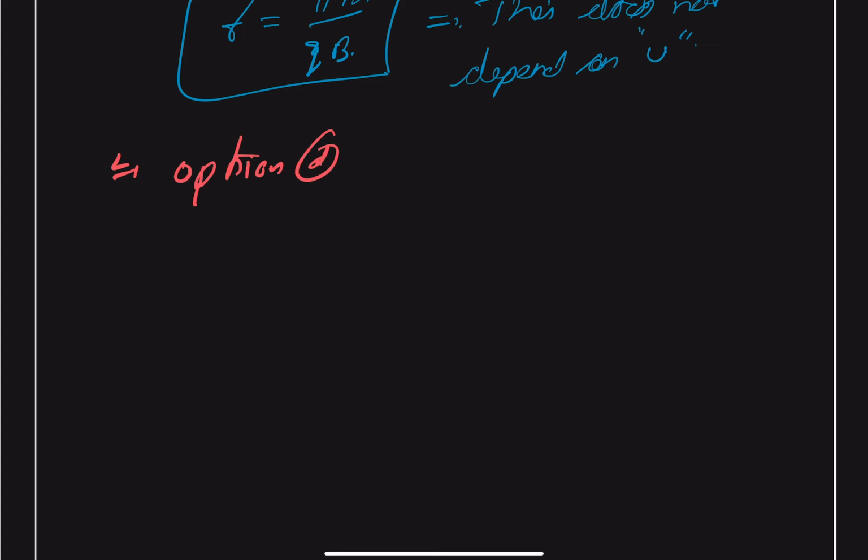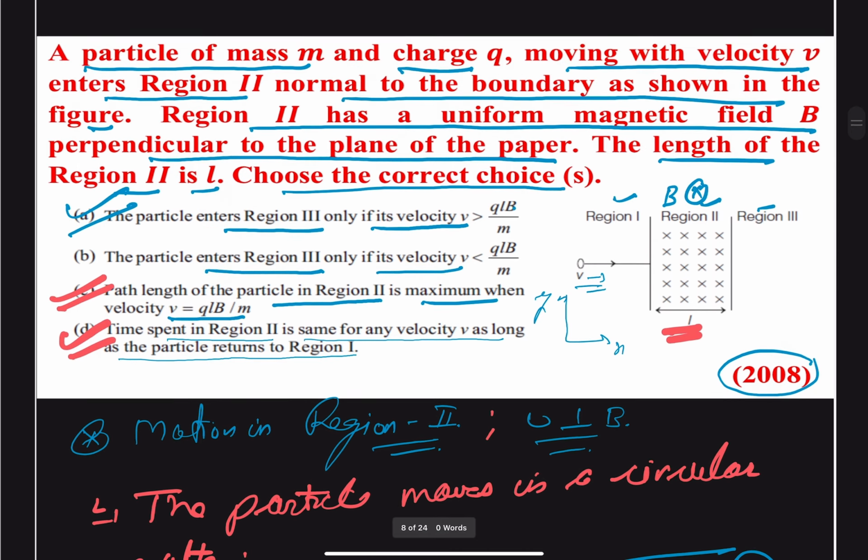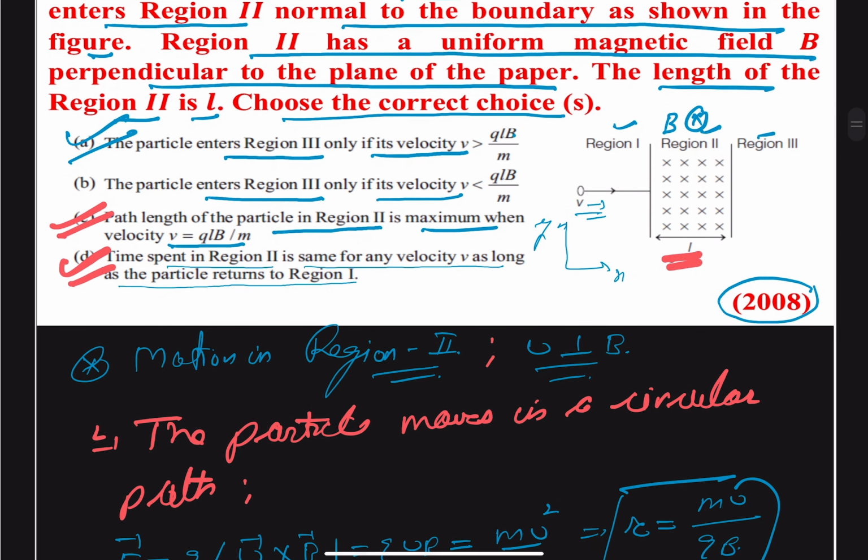Option D is correct. One option is left. Option B is incorrect, because it is just opposite to option A. If A is correct, then B has to be false.